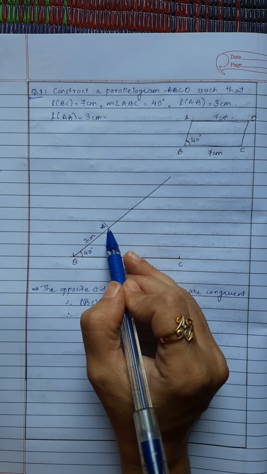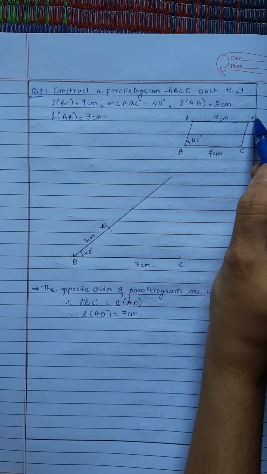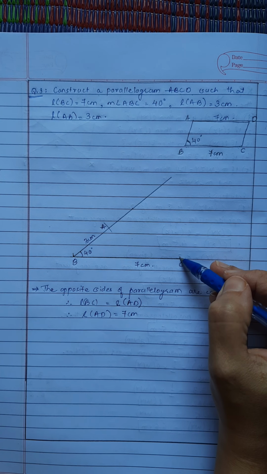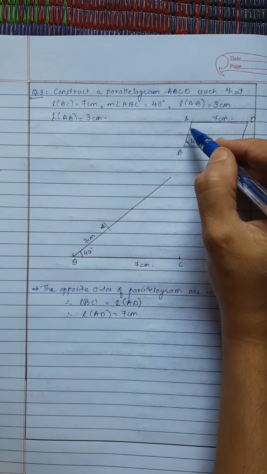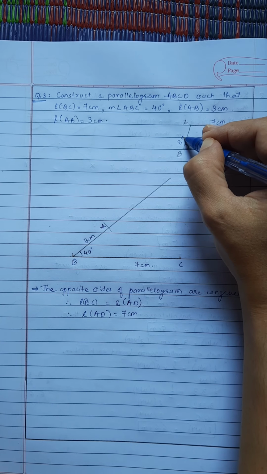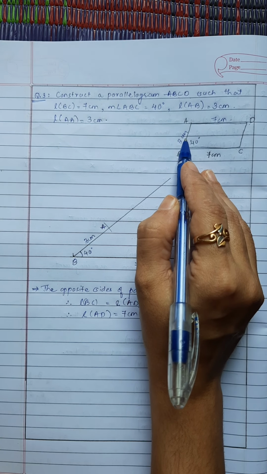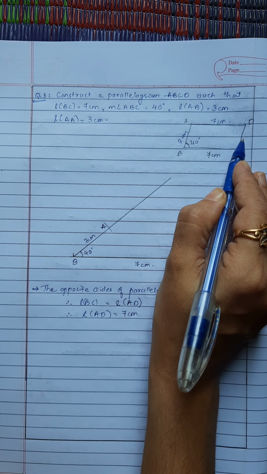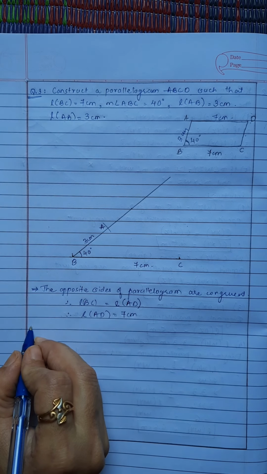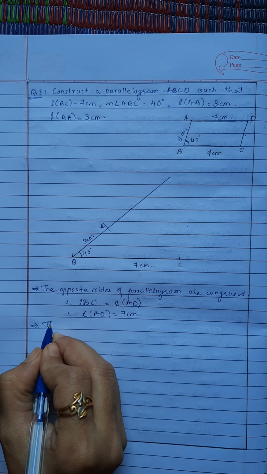We can take from A 7 centimeters, but to get point D, we will require the length from C to D. Here in the question, AB is given as 3 centimeters. If AB is 3 centimeters, its opposite side will also be 3 centimeters. So write the same property again.